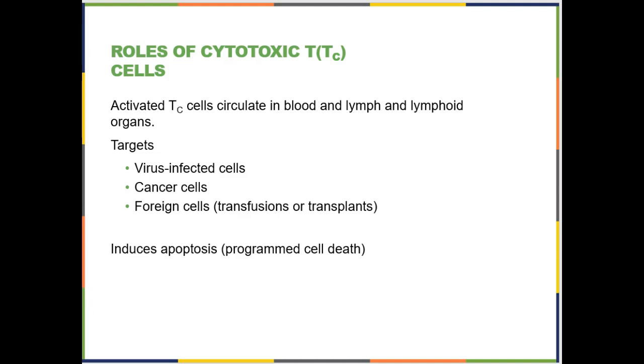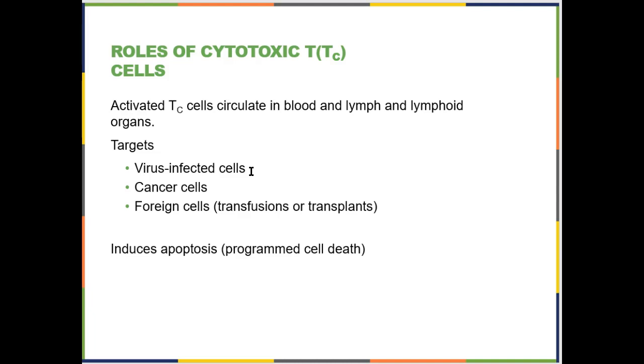What cytotoxic T cells do is scan cells in your body for signs of infection. So they are primarily going after virally infected cells. They can sometimes go after cancer cells, but I don't know how good they are at that, and they can also go after foreign cells.